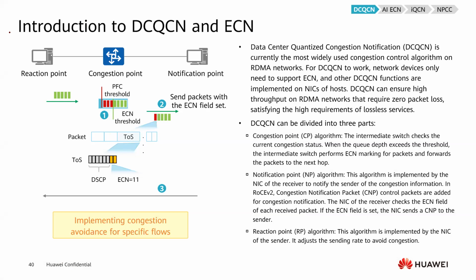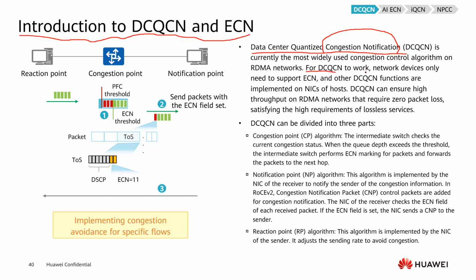Okay, let's see the introduction to DCQCN and ECN. So what is DCQCN? DCQCN is Data Center Quantized Congestion Notification. It is currently the most widely used congestion control algorithm on RDMA networks.